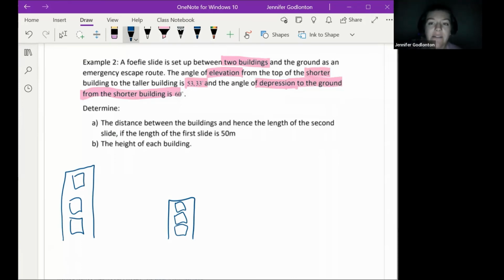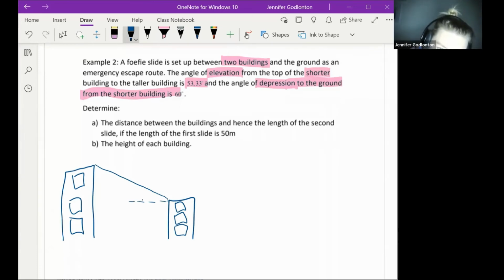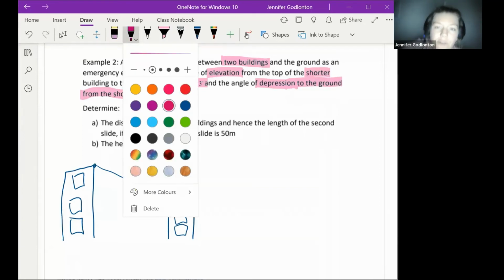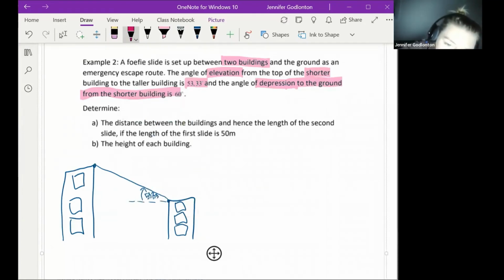The angle of elevation from the top of the shorter building, this angle over here, to the taller building is 53.33 degrees. And the angle of depression to the ground from the shorter building, this one over here, is 60 degrees.